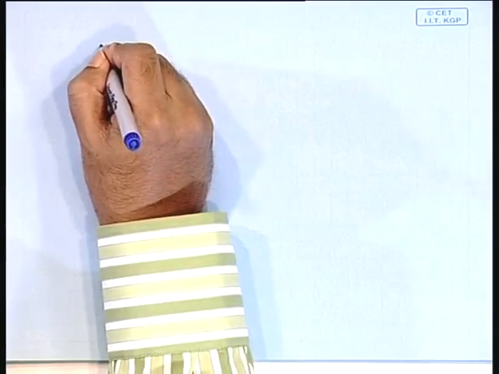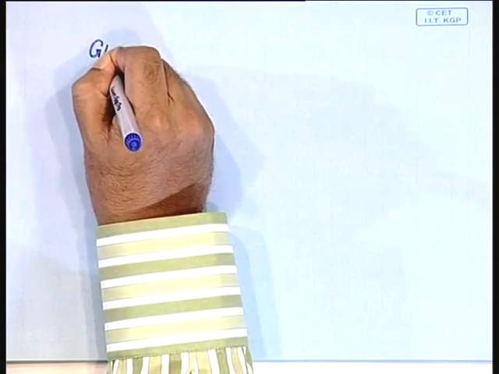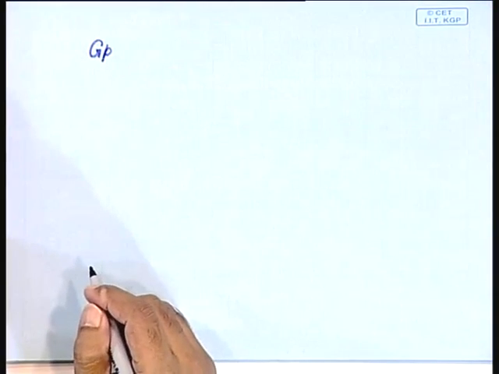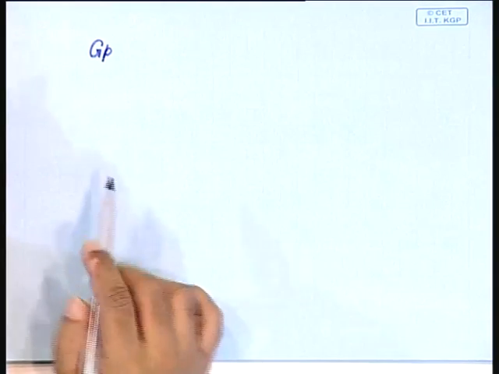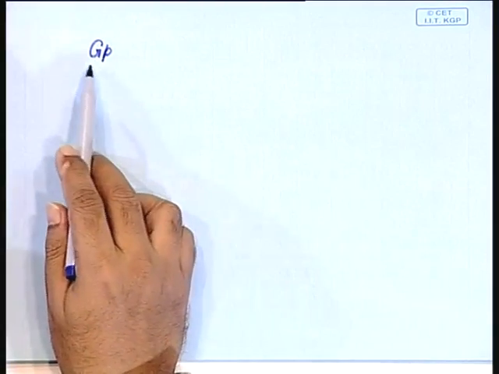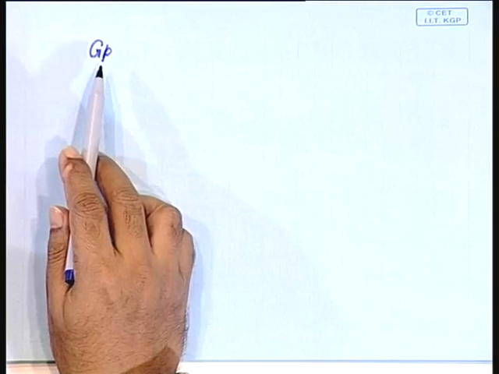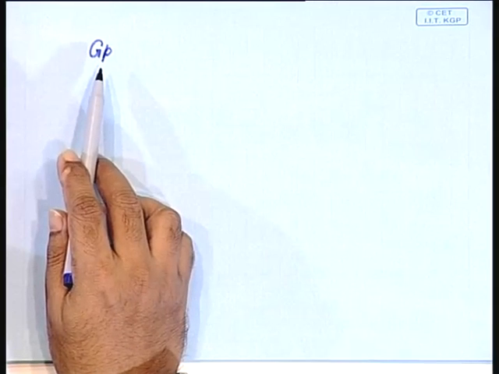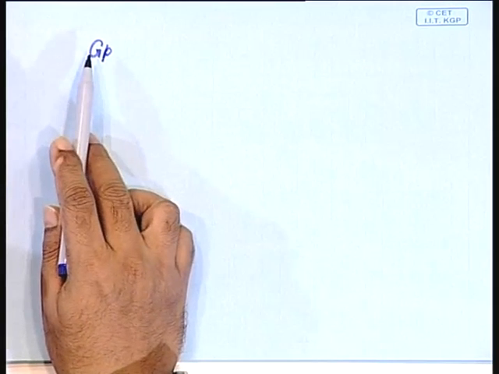So, if I want a witness for GP, then I will need a trace with a loop, otherwise I can never say that I have found a witness for this.